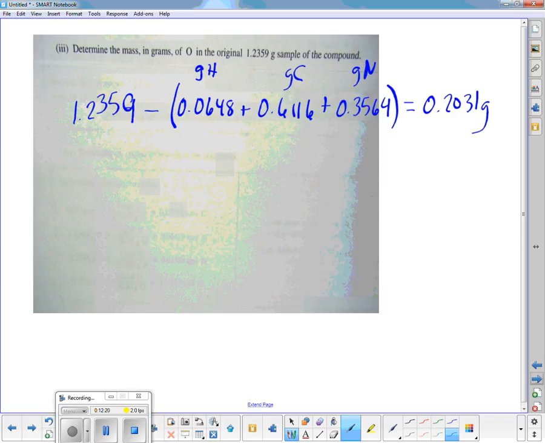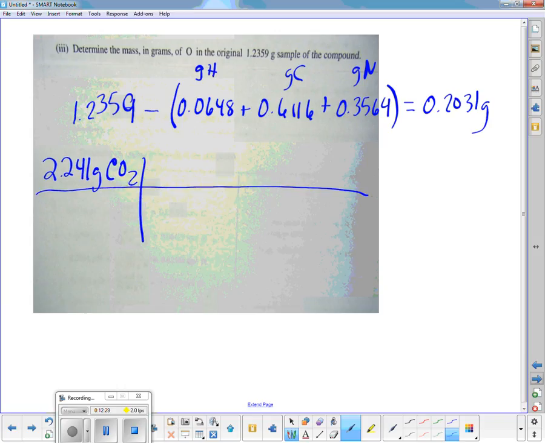So if I started with 2.241 grams of CO2, and again I went through 44.008 is what I remember it being, grams of CO2, 1 mole CO2. They just rounded up, got 4 significant figures instead of 5.